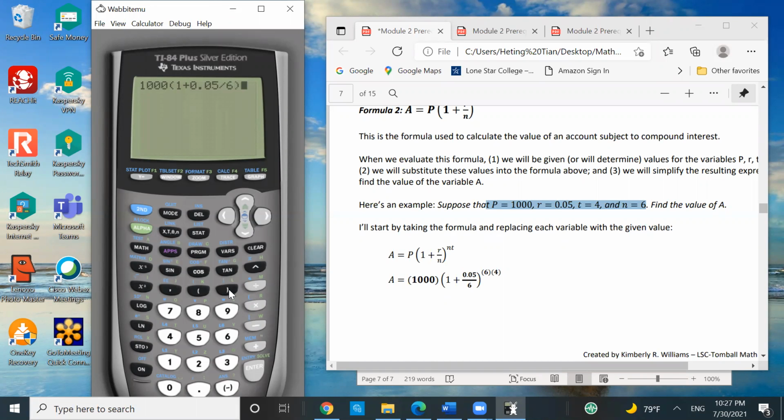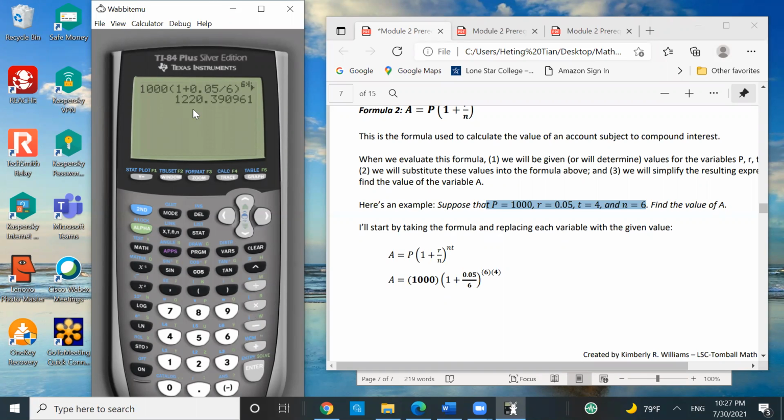And then close the parentheses to the what power? N times T. N is 6 times T. T is 4. And then bring down the cursor. So hit enter.